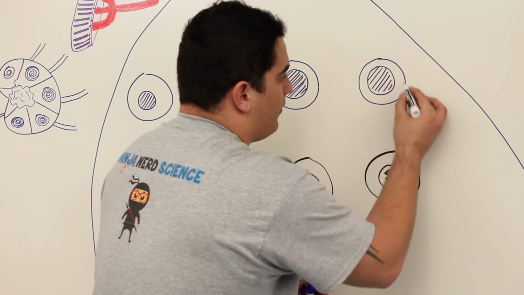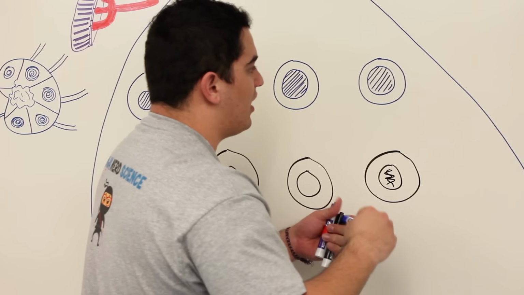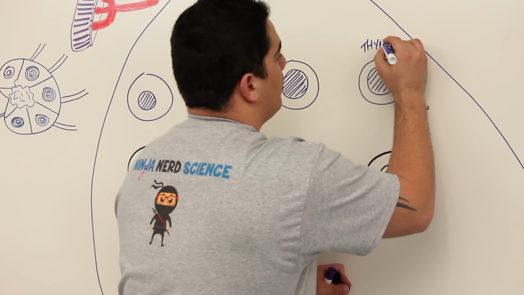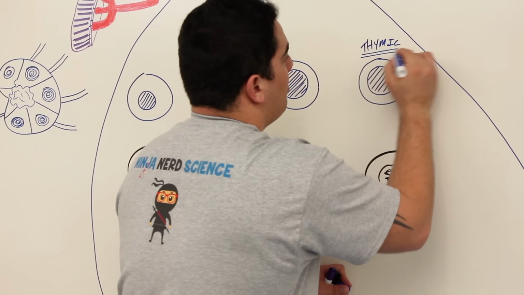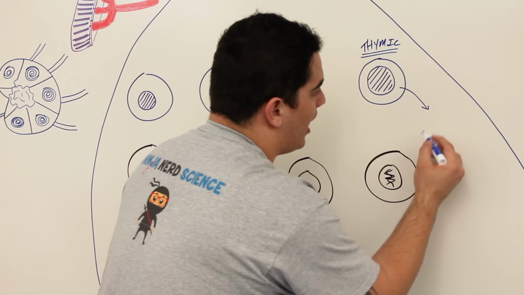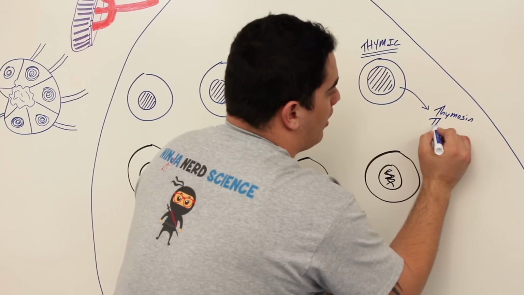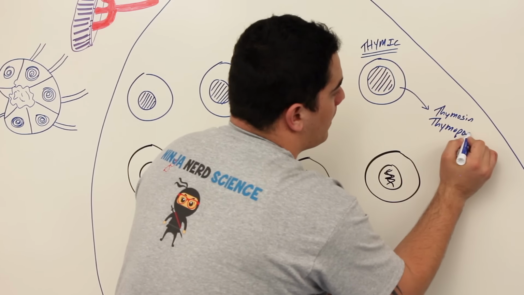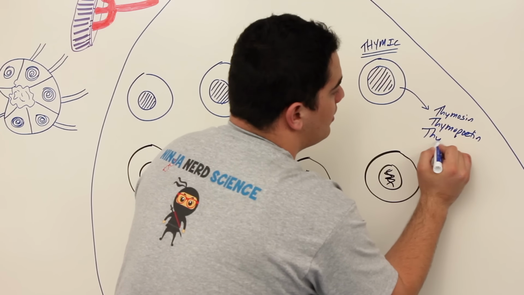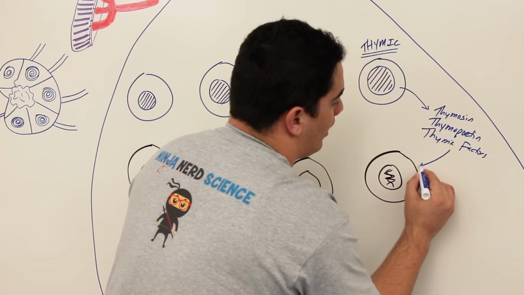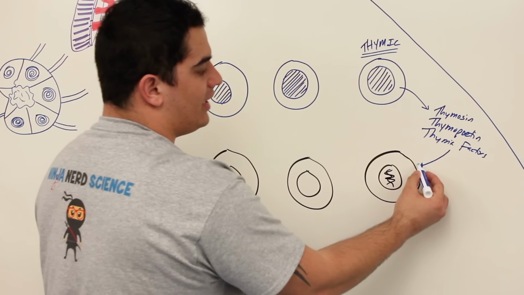But if you remember those chemicals that the thymic cells were secreting, so here's our thymic cell, or an epithelial cell within the thymus, right? It's secreting those chemicals, if you remember them. Again, thymosin, thymopoietin, thymic factors. So many different types of chemicals. What is that doing? That's acting on this T cell.